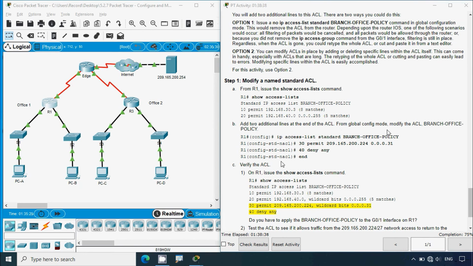From global configuration mode, modify the ACL branch-office-policy. We have to give this command, then add line 30, permit 209.165.200.224, then wildcard mask 0.0.0.31. Also we will specify deny any with line number 40.